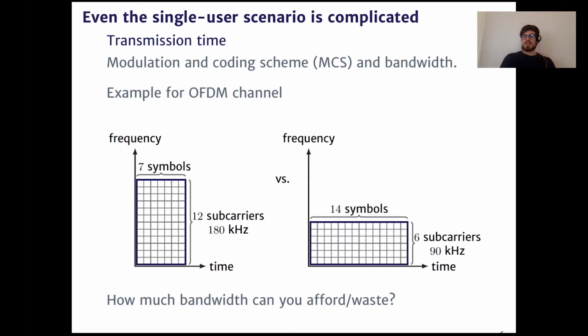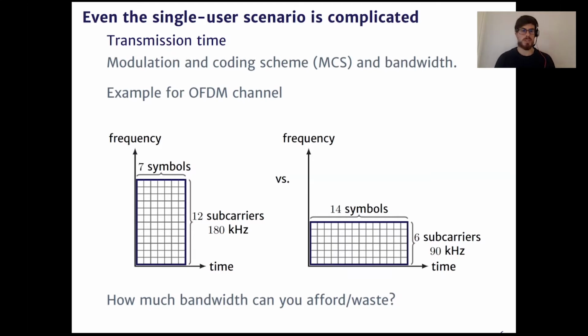And on the right, we have basically the same resource block, but with half of the frequency and double the symbols in time. These two are quite not the same when we are talking about URLLC, because if we have more subcarriers in frequency, then we can transmit more data with less time. That is highly valuable here.